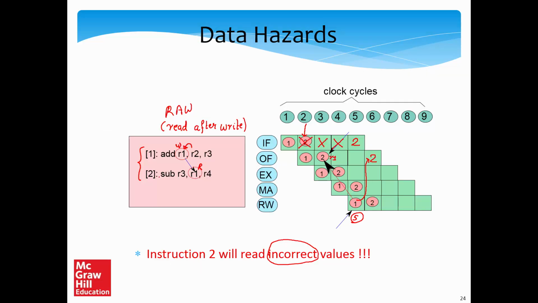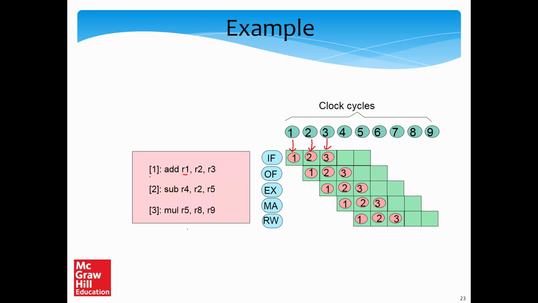If I consider a cleaner version of the pipeline diagram, in this case, 1 is the earlier instruction, the preceding instruction, and 3 is a succeeding or later instruction. What we see in our pipeline diagram is that at all points of time, let's consider cycle 5, the earlier instruction is at a later stage.